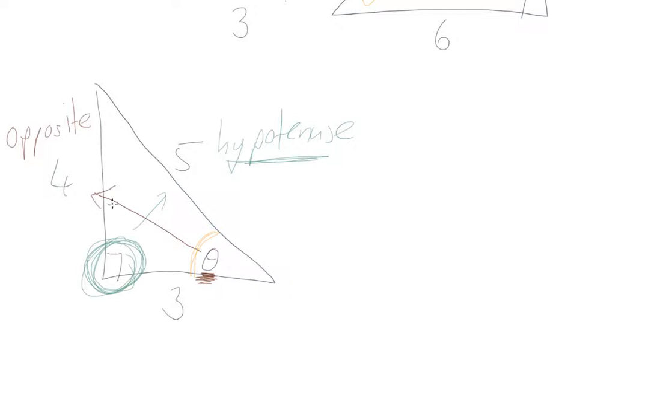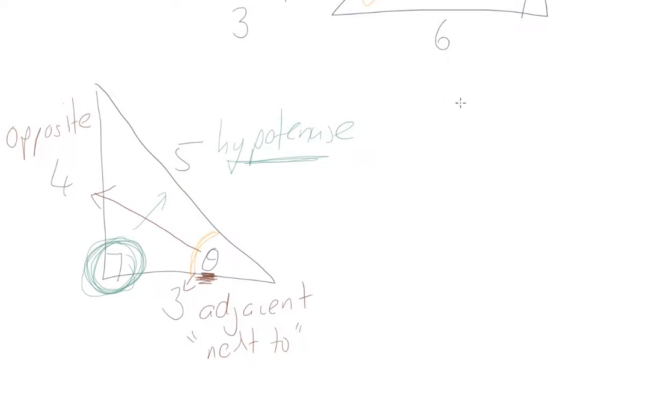Opposite the angle. This one here, this 3, is next to the angle, and we use the word adjacent for that. So that's the adjacent there. Adjacent being just a fancy maths word for saying next to. So the adjacent there, the opposite, and the hypotenuse.